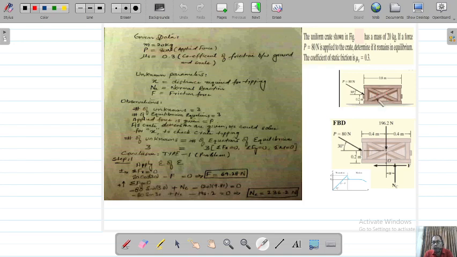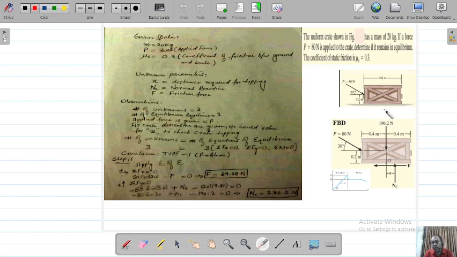If a force of P equals 80 Newton is applied to the crate, determine if it remains in equilibrium, and the coefficient of static friction given to us is mu s equals 0.3.